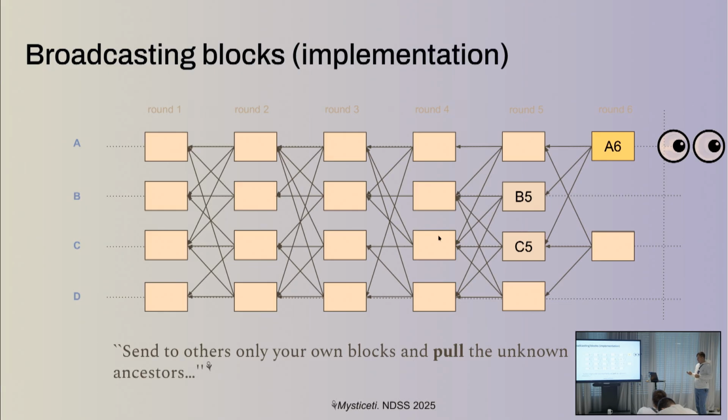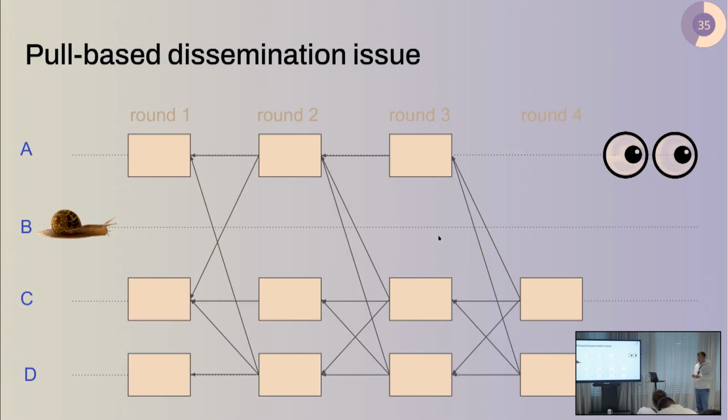Here we could have some problems with this pull strategy, and I'm sharing some of our experience in our testnet network, and also in the main network, where we had this kind of problem.